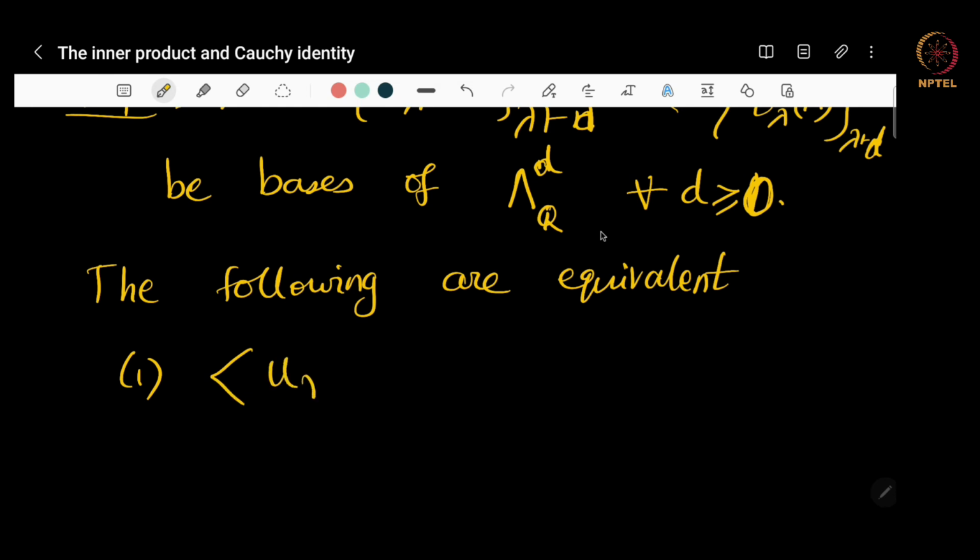First, the inner product, as we just defined, and we don't yet know it's an inner product, just a pairing, of u lambda with v mu is delta lambda mu for all partitions lambda mu.